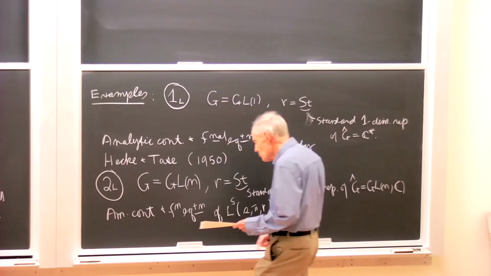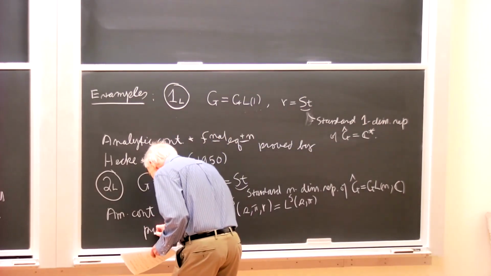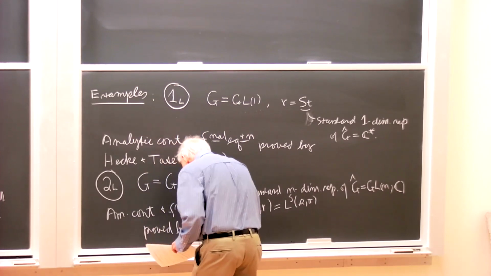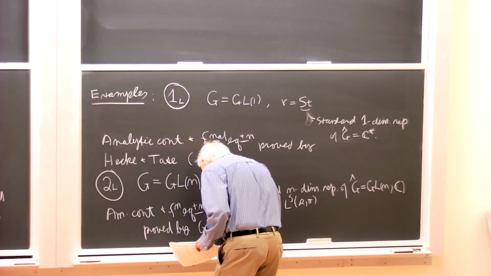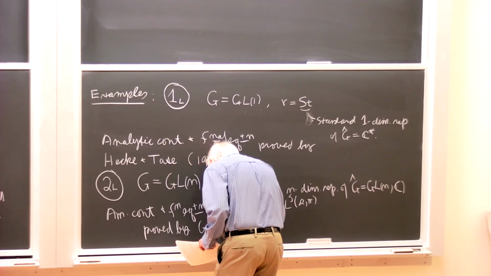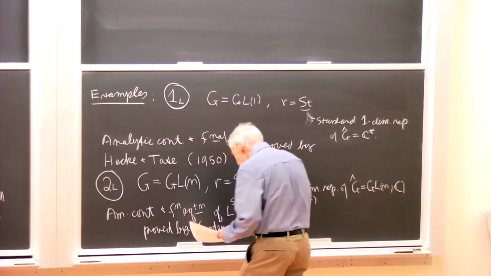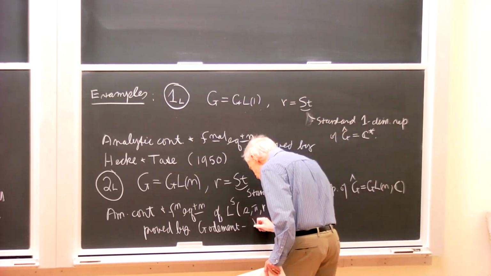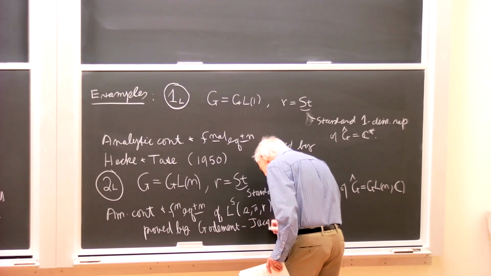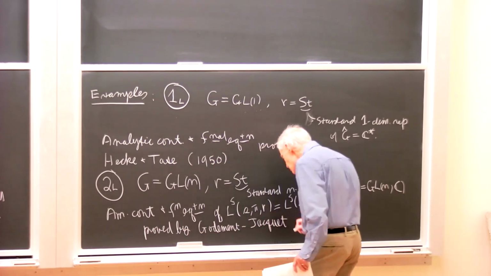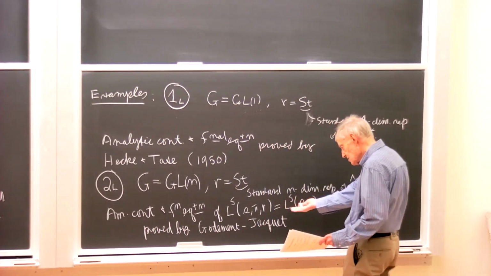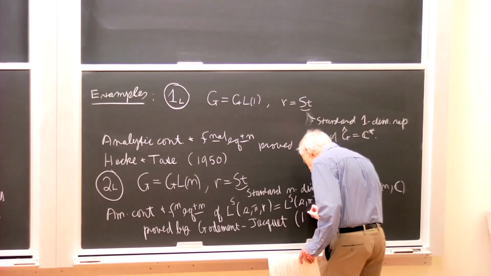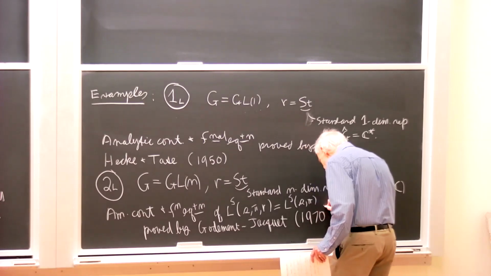And this was proved by Godement. I guess Langlands was in pretty regular communication with Godement and his student, Jacquet. But this was, I think, published in 1970 in a Springer lecture note series.